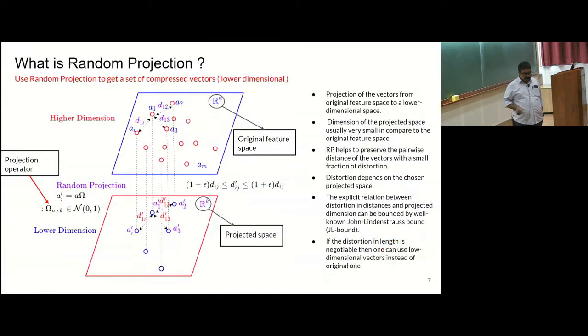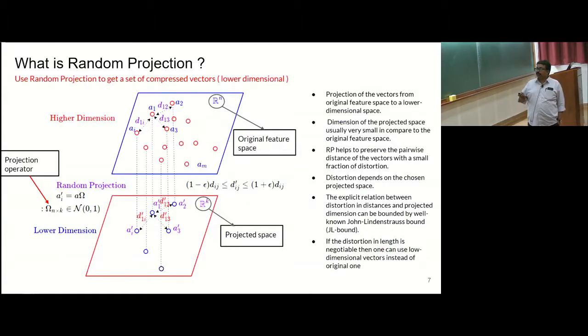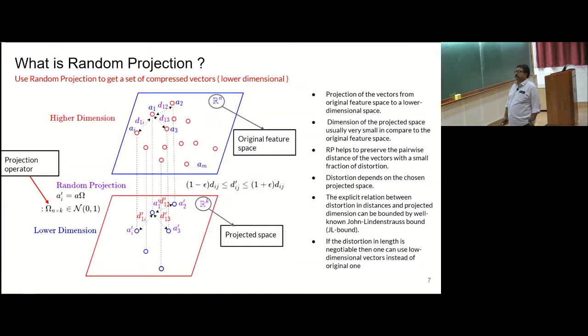one idea that has been put forward only recently is to use random projections in order to solve this problem. So what random projection is, is to represent vectors in a very high dimensional space and project them into a low dimensional space such that the distortions of these vectors when you project them can be controlled suitably.